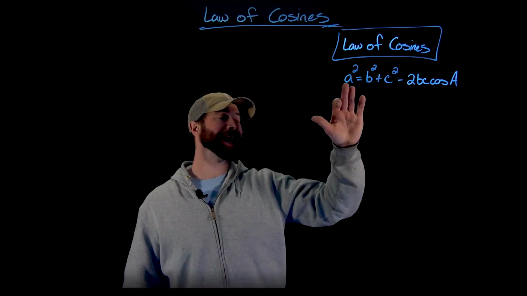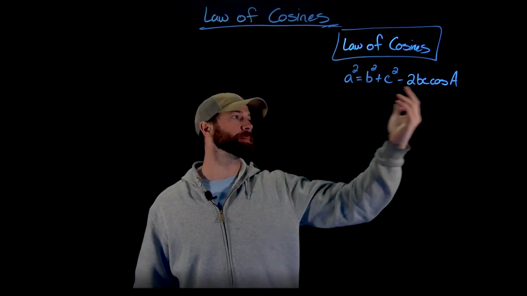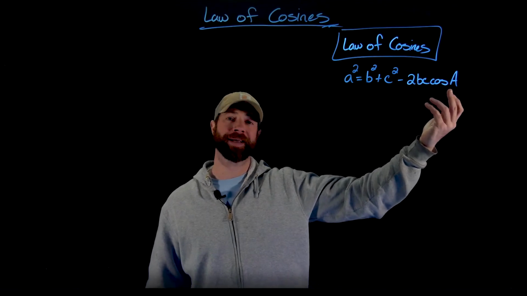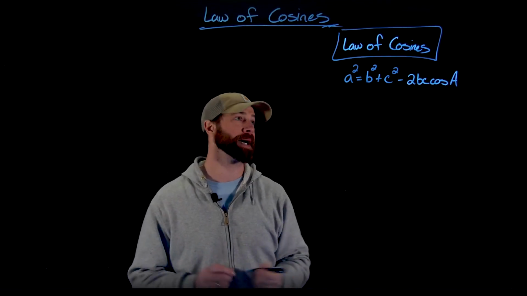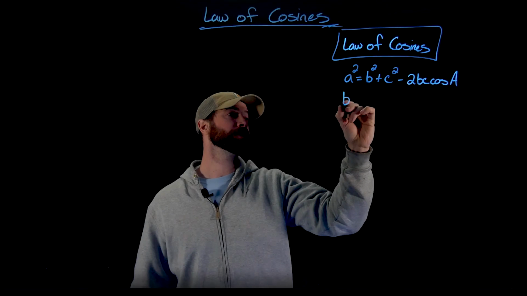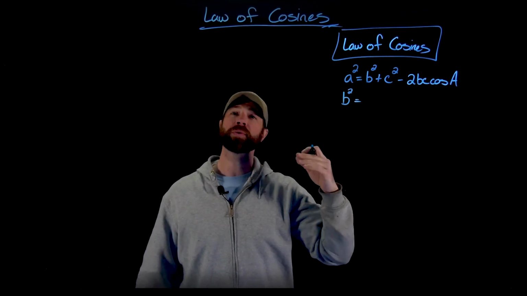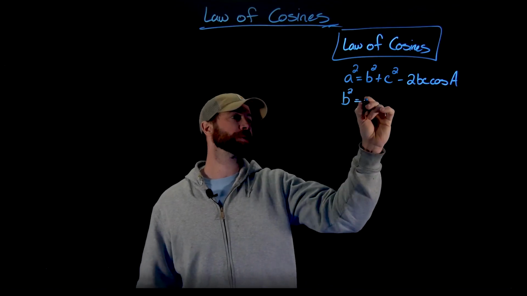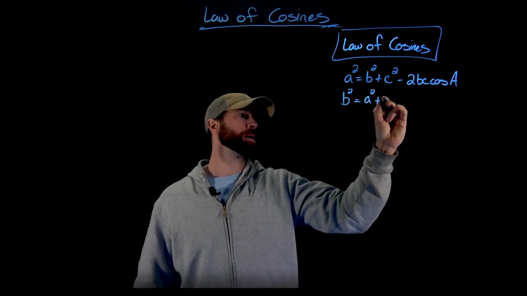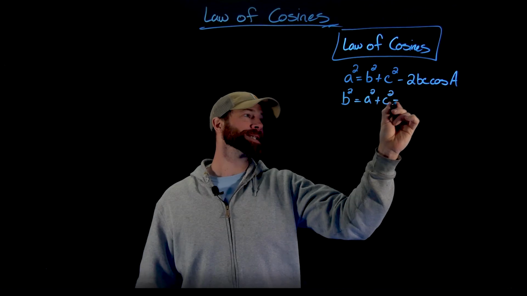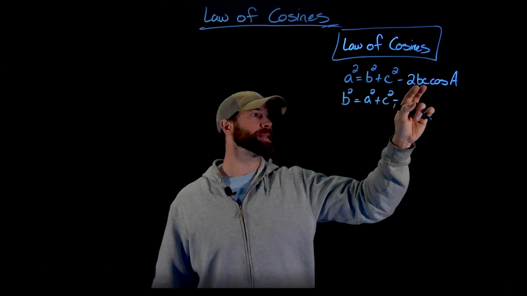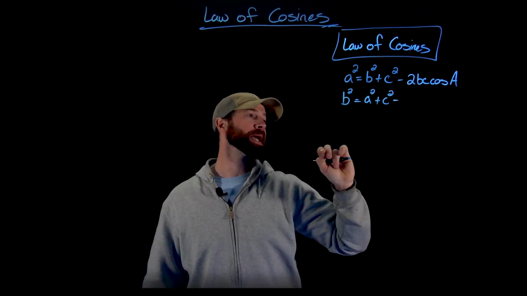So if we have a squared here on one side of the equation, that means we're relating it with cosine of A, the same angle on its opposite side. So if I do b squared, what I get here are the squares of the two other sides of the triangle. So in this case, that would be a squared plus c squared. And then it's going to be minus, and again, these are the same two sides we had here.